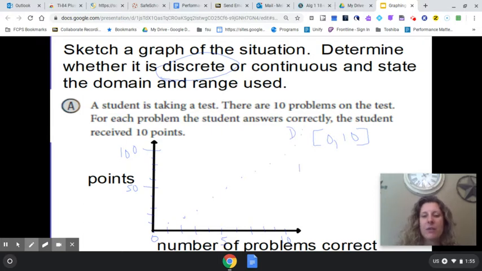And then the range, again, would be the y values used on the graph. And those range from 0 to 100, again, including both the 0 and the 100. Okay, so we have a discrete graph, and our domain is from 0 to 10 inclusive, and our range is from 0 to 100 inclusive.